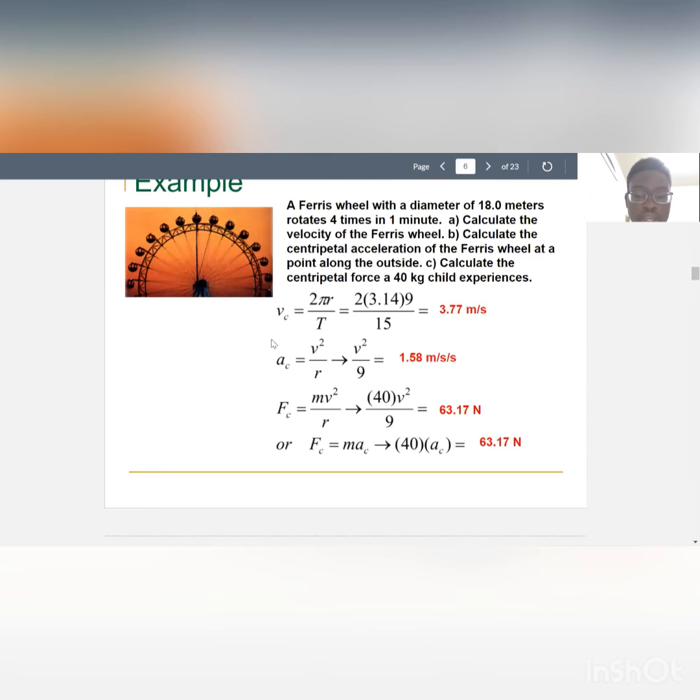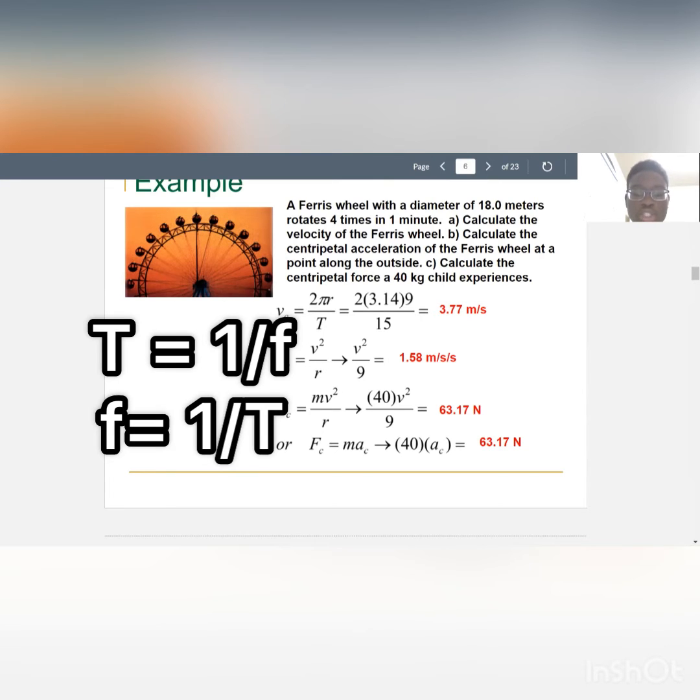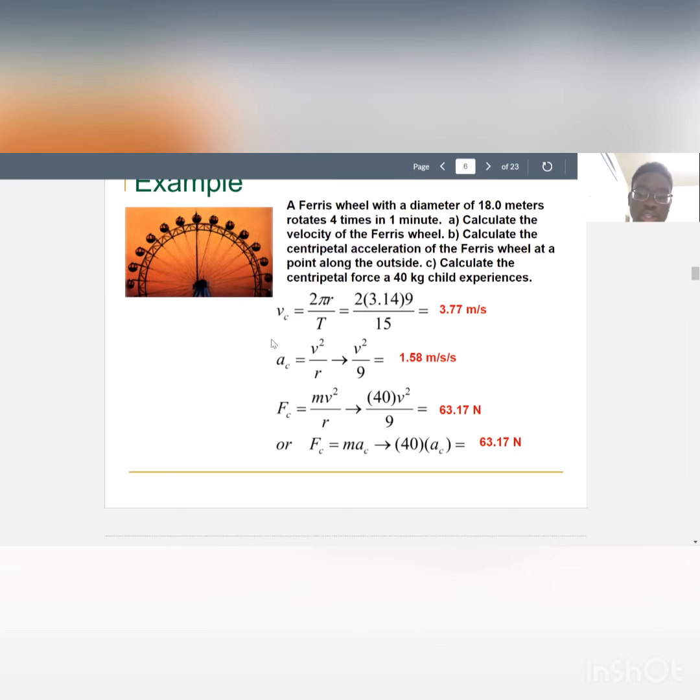That means that capital T is equal to 1 divided by f, in other words, period equals 1 divided by the frequency. And also that means that frequency is equal to 1 divided by the period, or f is equal to 1 divided by capital T. And so the unit for frequency is hertz.